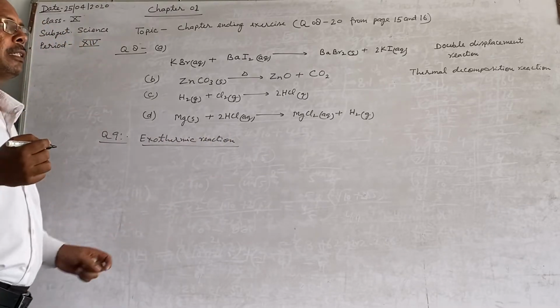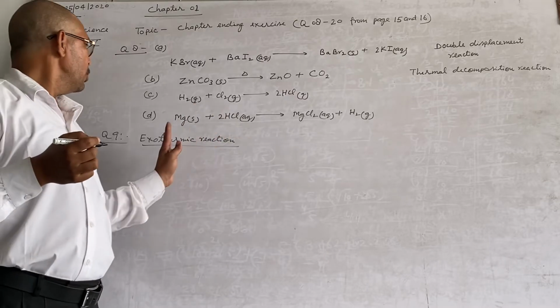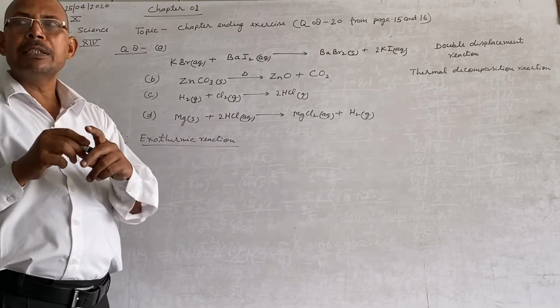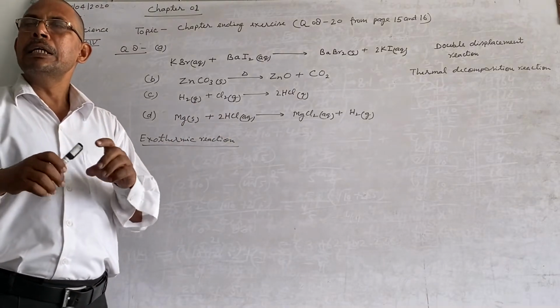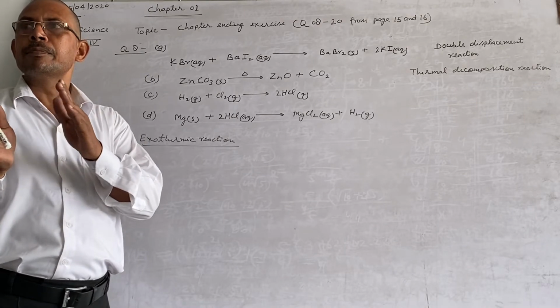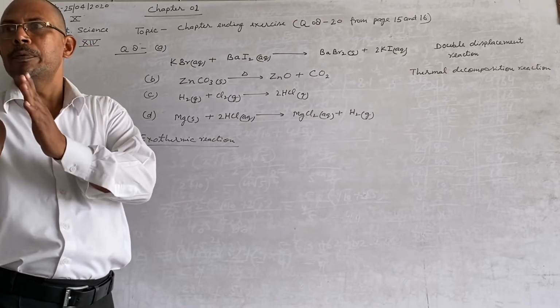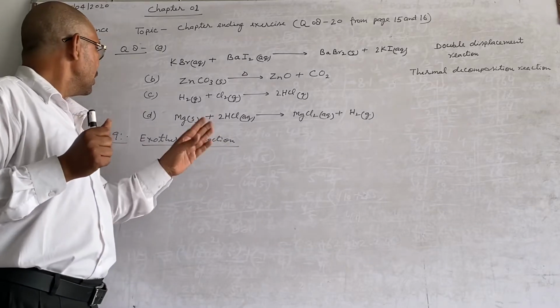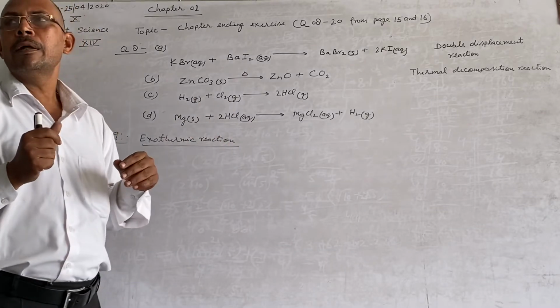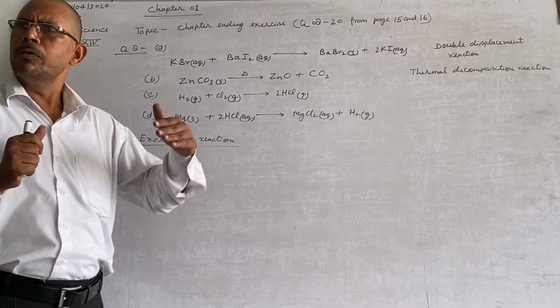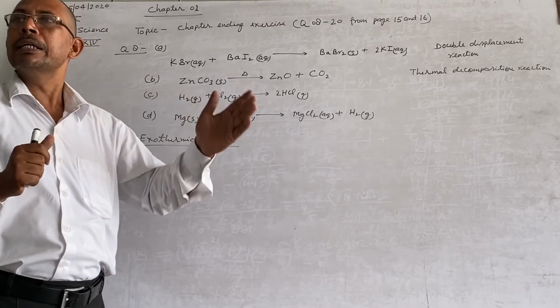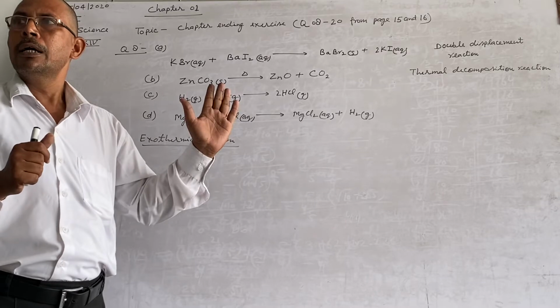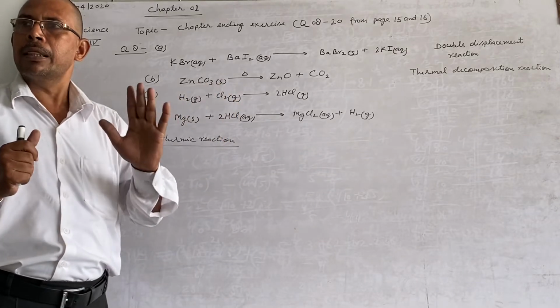In my lecture, I have told you that a chemical reaction in which heat energy is evolved during the reaction is called an exothermic reaction. And I have given you some examples regarding this. If you follow my lecture, you will get the answer.